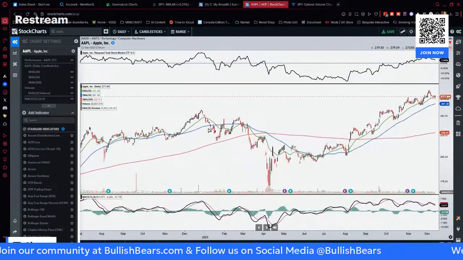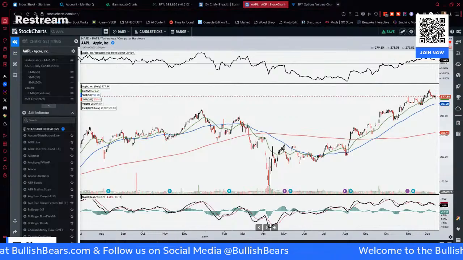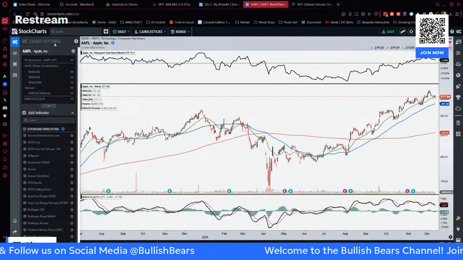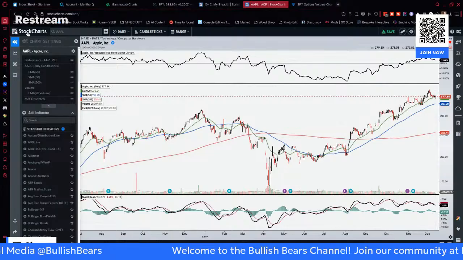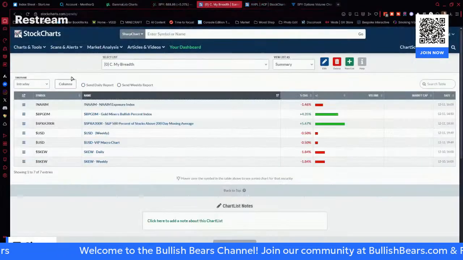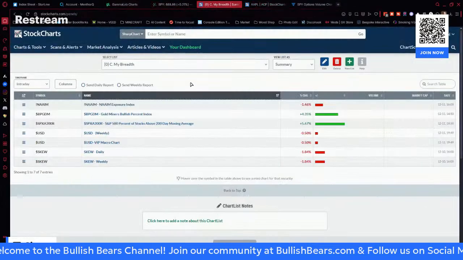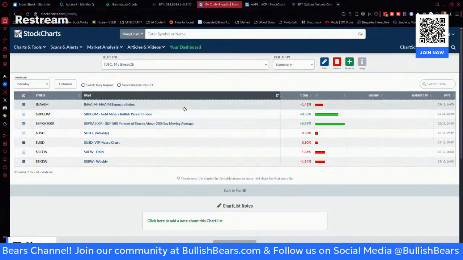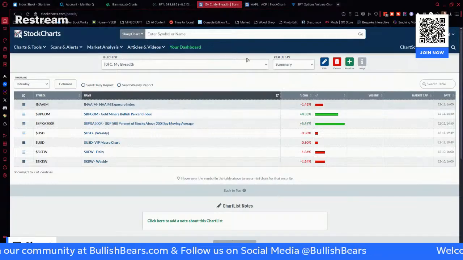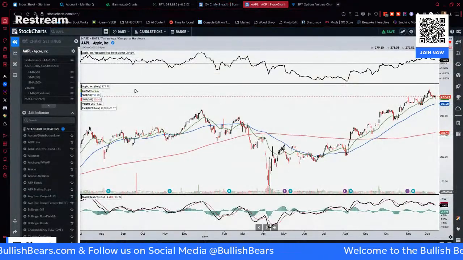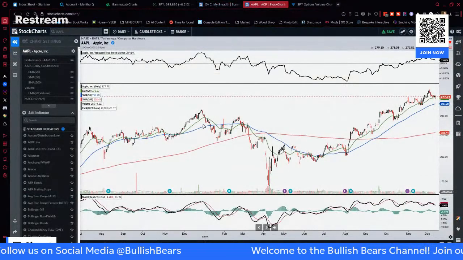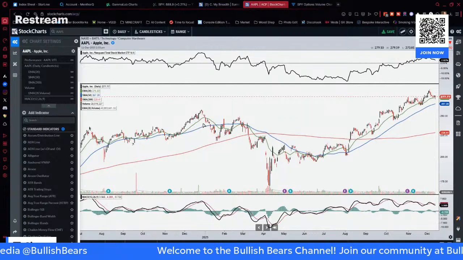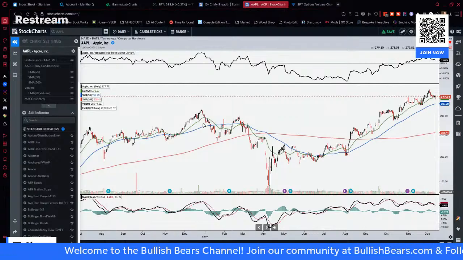So the answer is yes, you can trade from here. But notice to get here, I kind of left StockCharts. I mean, you can see it's still StockCharts up there, but you had to click the button that said take me to their ACP, and then you kind of hop onto another platform. They've been slowly integrating the two over the years, but they're still, in my opinion, two separate entities.